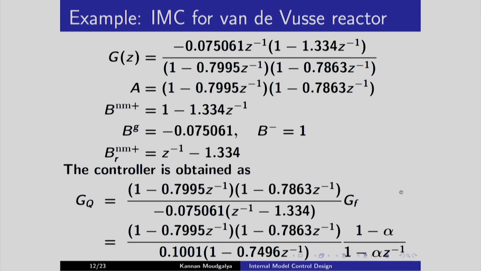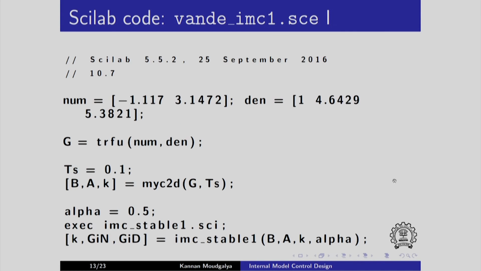We will next implement this in Scilab. This file is called VANDE underscore imc1.sce.